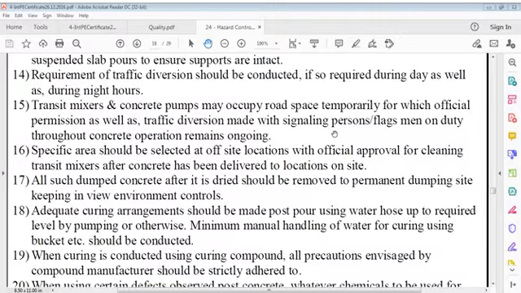And the workers who stand there must be safe. Minimum manual handling of water for curing using buckets etc. should be conducted, meaning it should be least manual, it should be mechanical or by automatic pumping.